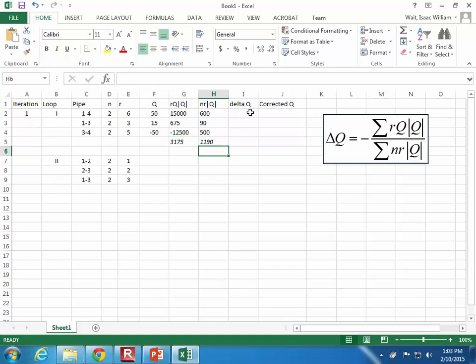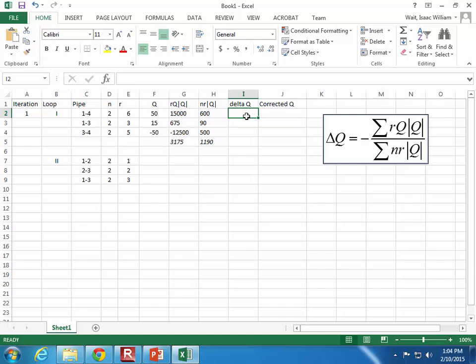Now you're going to see me do something you're not going to believe. I'm going to type in the equation 3 separate times. Rather than dragging it down or anchoring it, it's better to type it in 3 different times, because when I copy and paste my iteration over and over again, I want it to be a relative reference all those times.